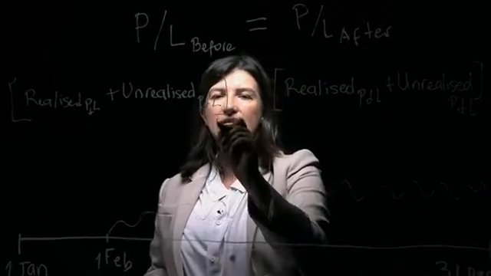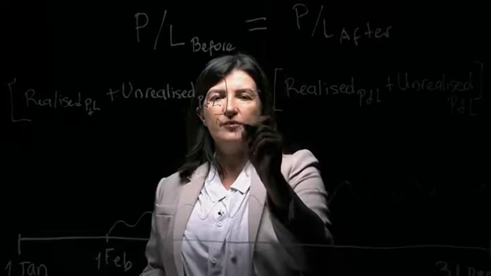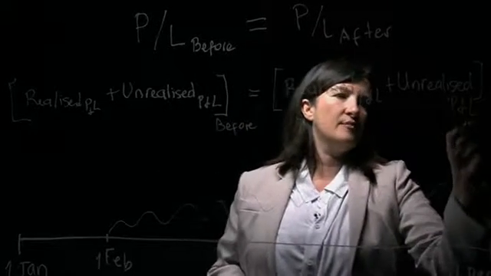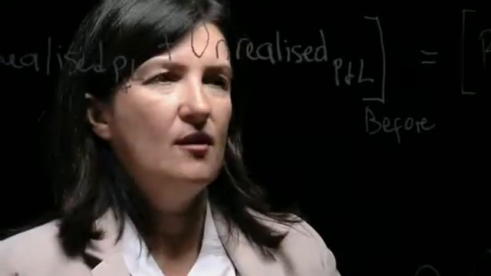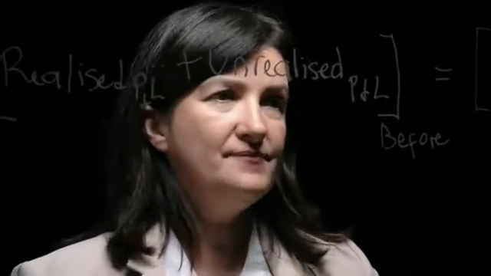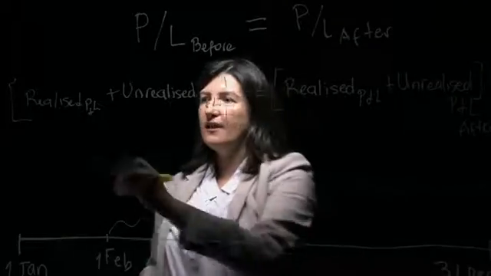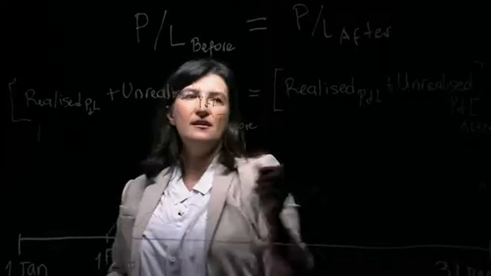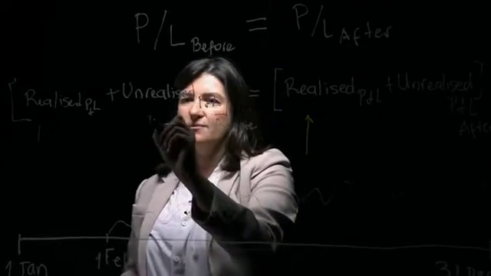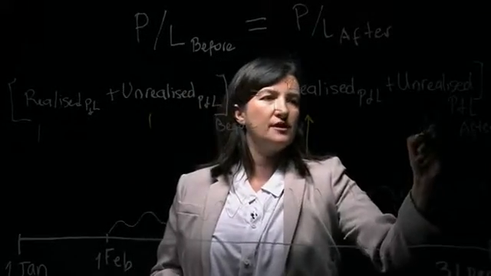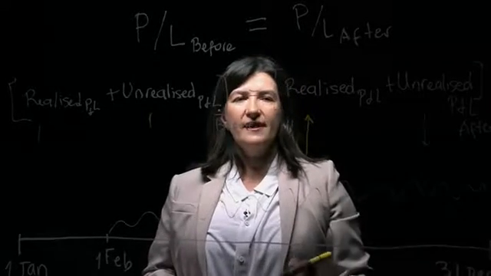The idea is that your P&L before the compression is the same as your P&L after the compression. What you will have to explain to the trader is that if your realized P&L increases here, then your unrealized P&L will have to reduce here, or vice versa.